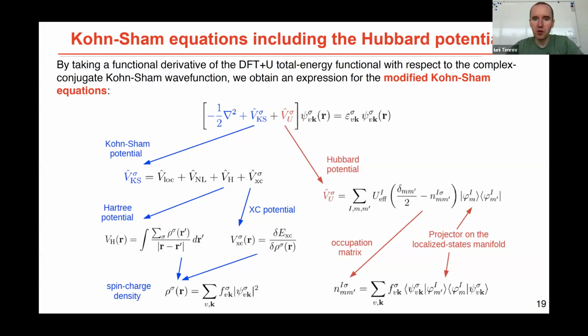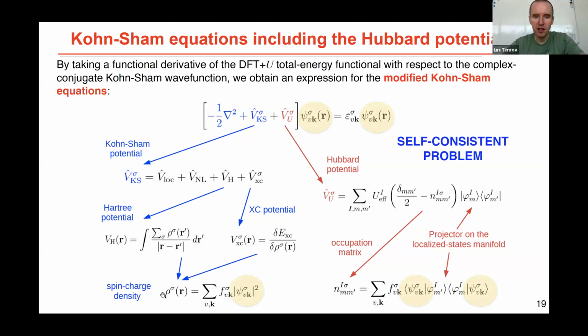Why do we solve it self-consistently, iteratively? Because to solve the equation, we need to know the potentials. To know the potentials, we need to know the density and occupation matrix. To know the density and occupation matrix, we need to know the wave function. But we don't know the wave function. The wave function is exactly what we want to find from the Kohn-Sham equation.